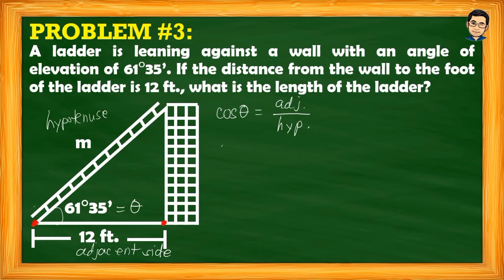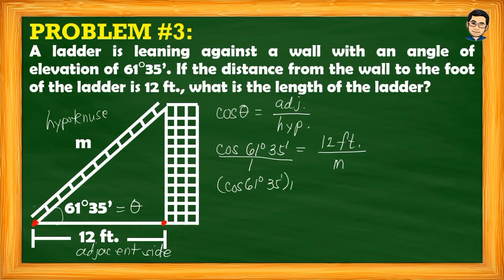And then, cosine 61 degrees and 35 minutes is equal to 12 feet over yung hypotenuse natin denoted by M. So, cross multiply. Magiging ganito siya: cosine 61 degrees and 35 minutes times M is equal to 12 feet.